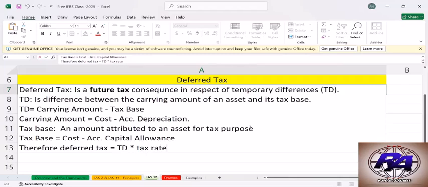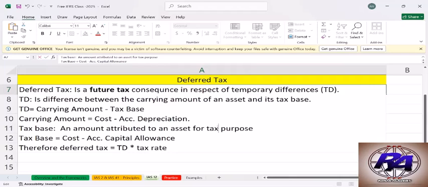Because to get your deferred tax, we said it's a future tax in respect of our temporary difference. So it's the temporary difference multiplied by our tax rate that gives us our deferred tax for a particular period. I'll teach you how we account for deferred tax, I mean the presentation of deferred tax. So deferred tax is our temporary difference multiplied by our tax rate.